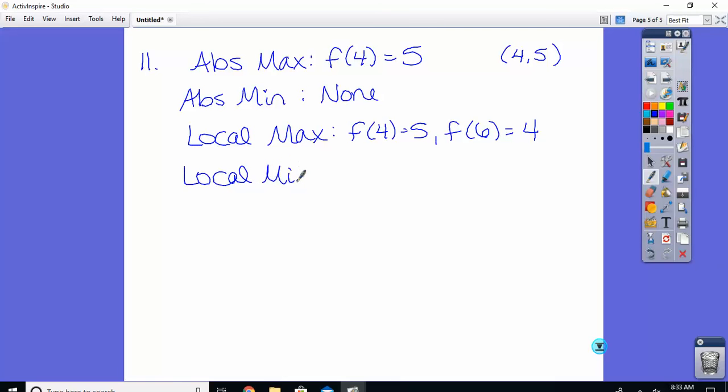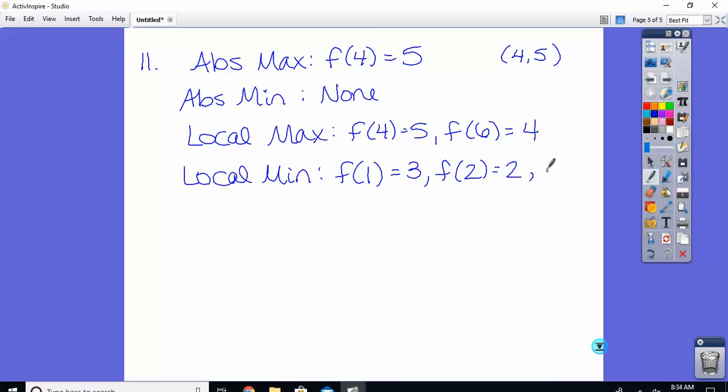So local mins. If you look when x is 1, you have that open circle up high, and then it's just a closed circle down low. Is that closed circle lower than the points surrounding it on both sides? Yes. So f of 1 equals 1. When x is 2, that is lower than the points on both sides, so f of 2 equals 2.